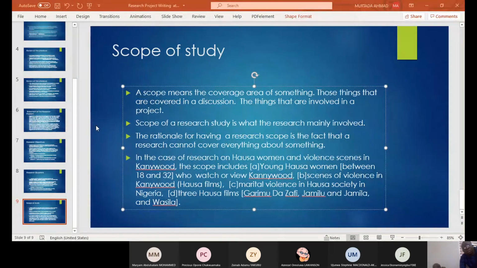And you can now see that, of course, the scope of the study streams out of the problem statement. So you can now see that the problem is the engine room of your research. Because if there is disconnection between the scope of your study and the research problem, then just forget it. Your scope is out of the radar.